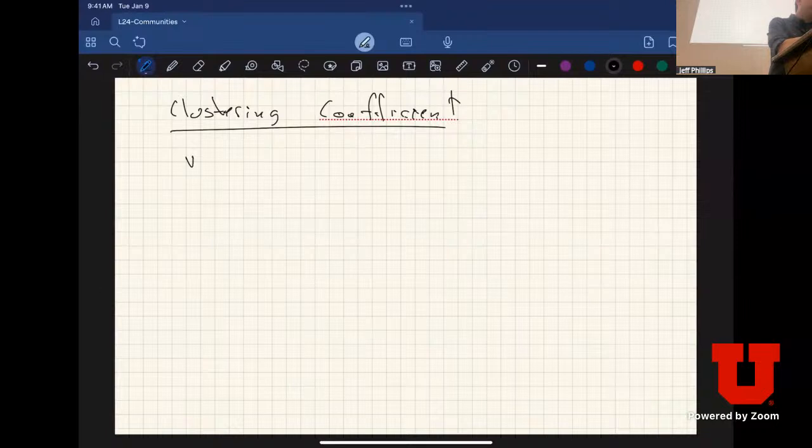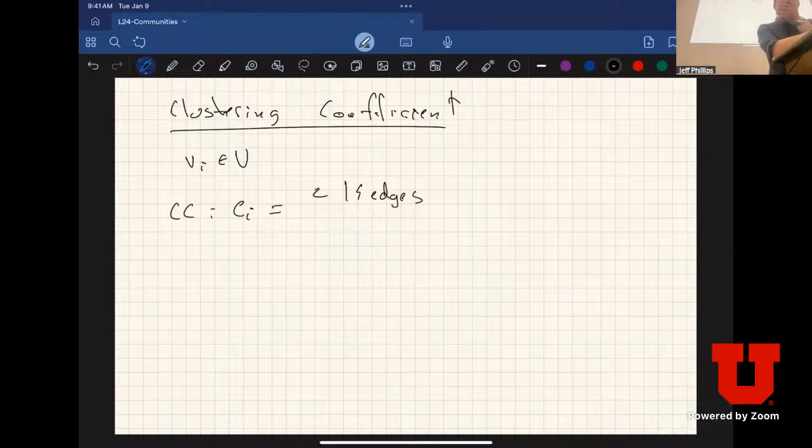So for a vertex v_i in some set of vertices, the clustering coefficient, we'll call it C_i, is going to be equal to 2 times the edges... actually I can find this for an edge.